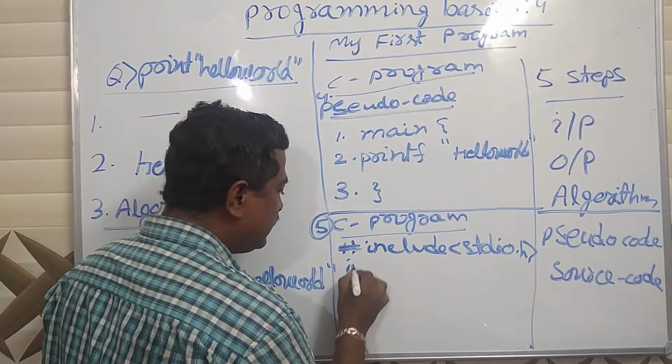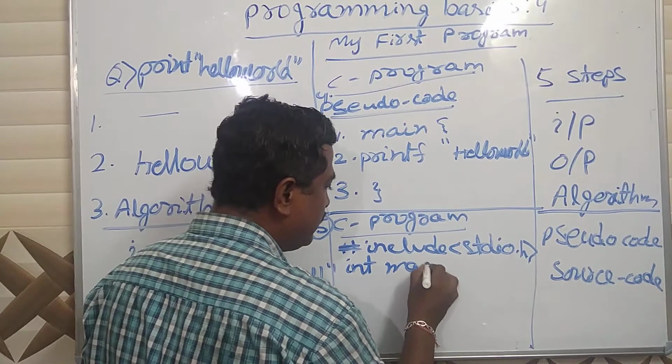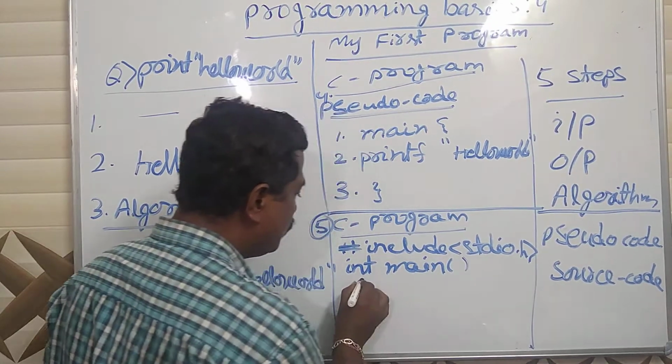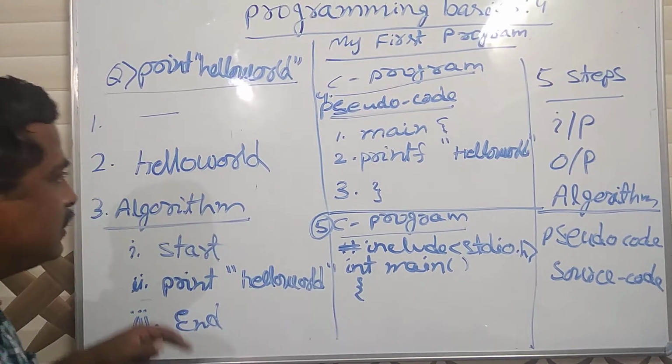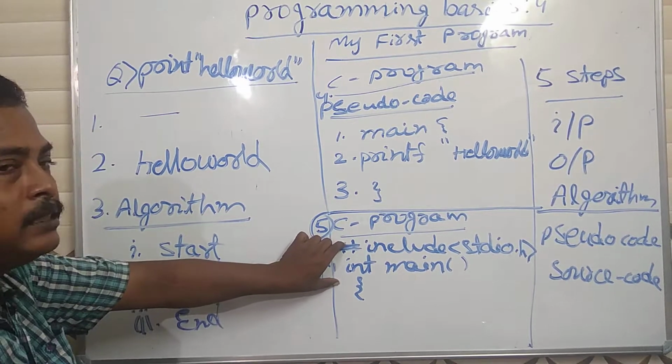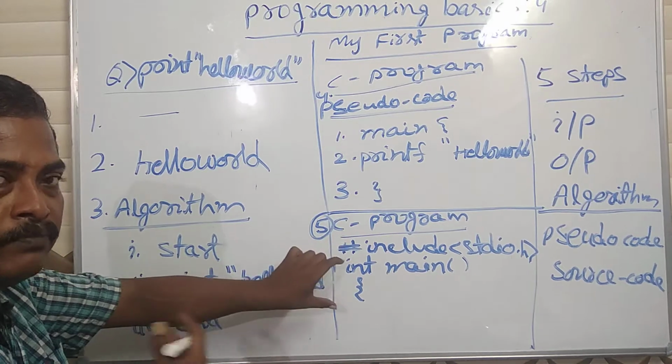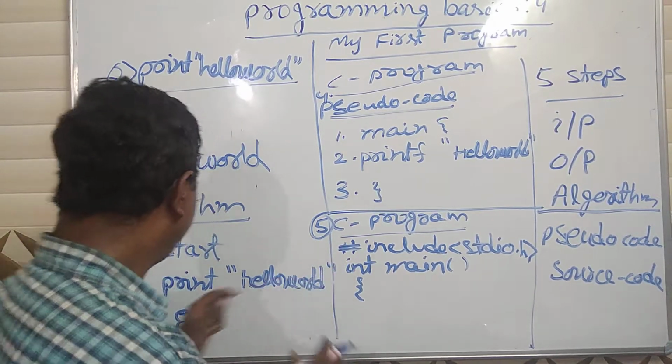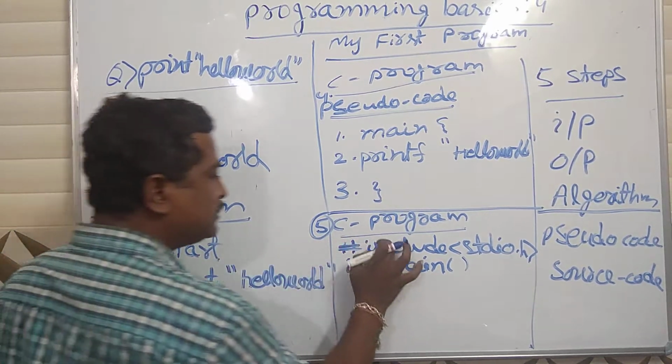You may write int main or void main, both are allowed, then the opening curly bracket. In place of start in the algorithm, these are the 3 lines in your C program. Beginners, remember it like this.